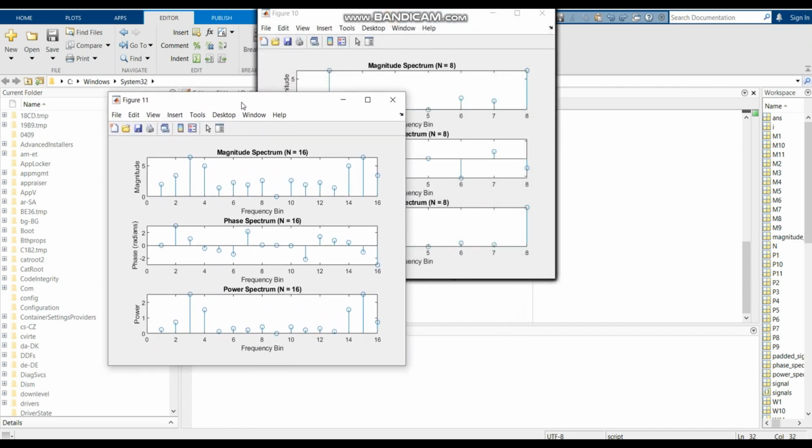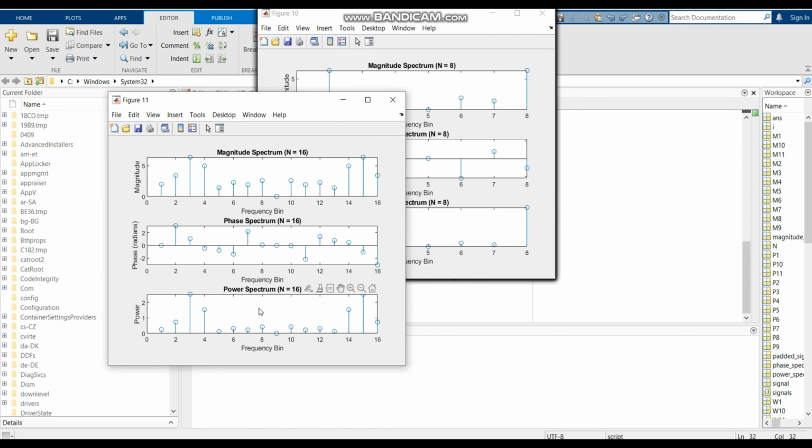Here we can see that each spectrum is plotted in a separate subplot for visual inspection, with titles indicating the signal length and the type of spectrum being displayed. Like, the first subplot represents the magnitude spectrum of the specific arbitrary signal. The second subplot represents the phase spectrum, whereas the third subplot represents the power spectrum.